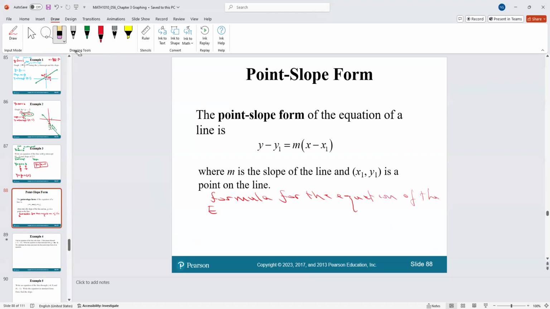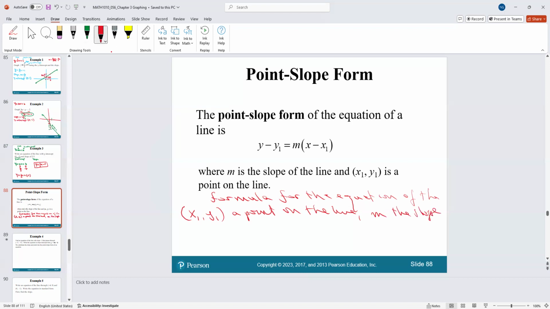For any point on the graph, that means any point (x1, y1), remember x1, y1 are both real numbers, a point on the line, and m, the slope.